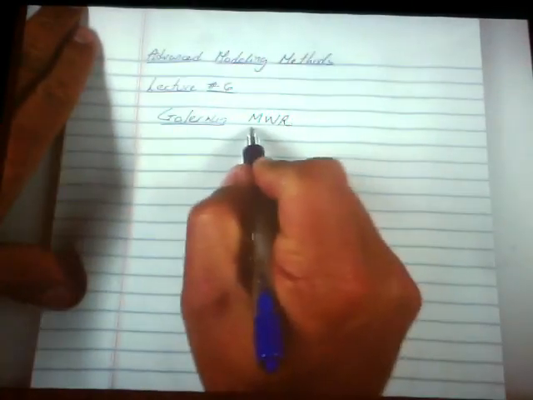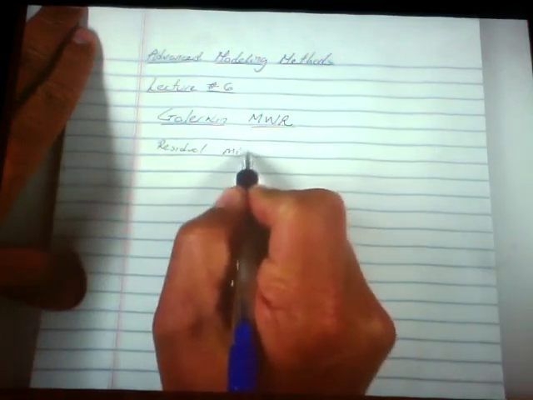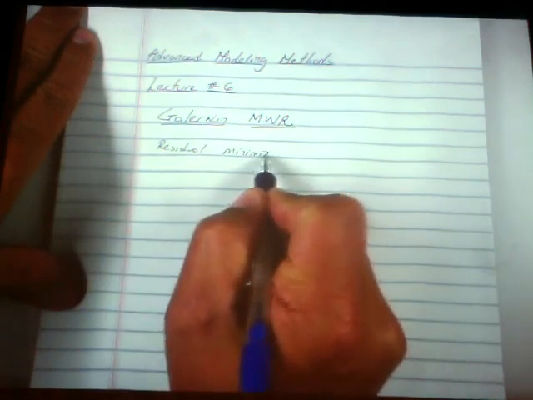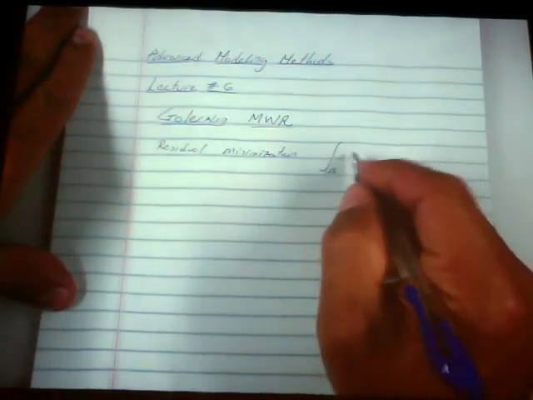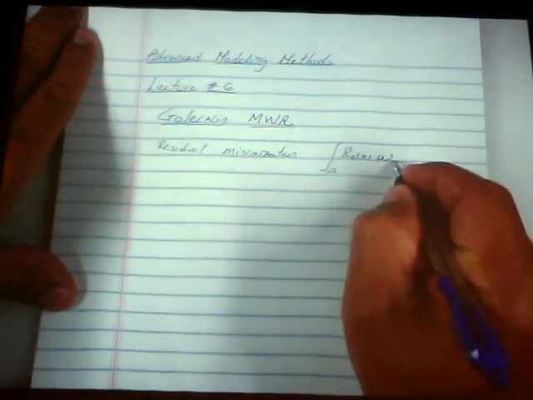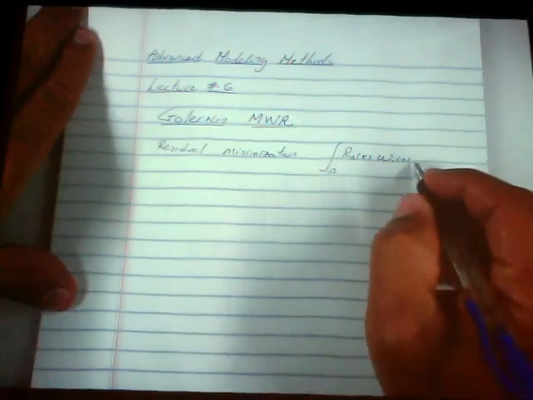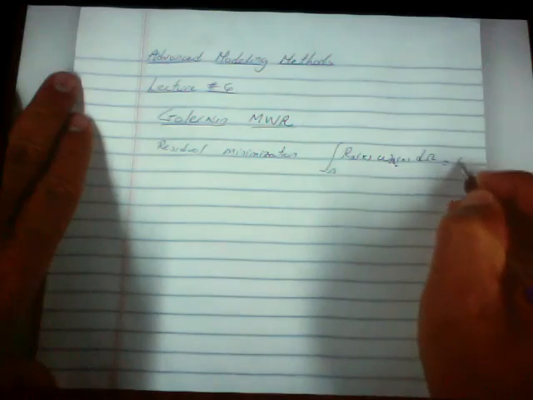So in essence, the residual minimization looks like this: an integral of the residual times different weight functions, which we have been calling W_i, the ith weight function, integrated over omega, must be equal to 0.